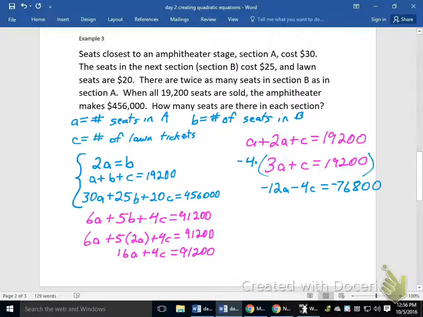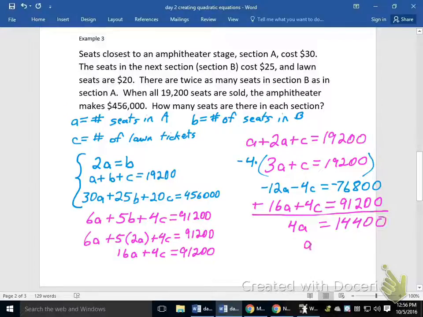All right, now I'm going to bring up this other equation from down here and write it underneath it and use elimination. Let's go ahead and add the two equations together, and my C's cancel. My A is 4A equals 14,400.